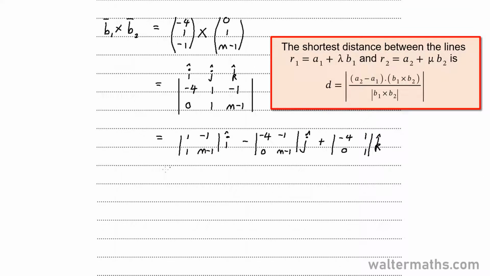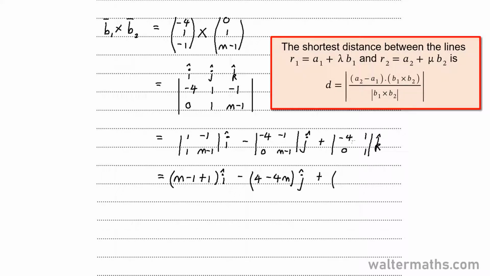So we can simplify this. Here we're going to say 1 times (m minus 1), which is m minus 1, and it's minus 1 times 1, so it becomes plus 1, and that's all for i, and it's minus. Here we'll be having minus 4 times (m minus 1), which is 4 minus 4m, and minus 1 times 0 is 0, so we have j here, and it's plus.